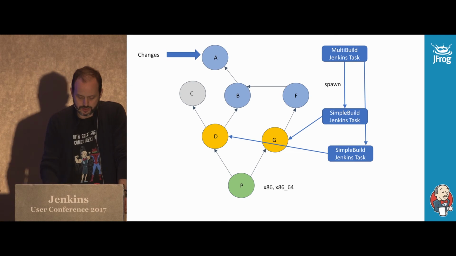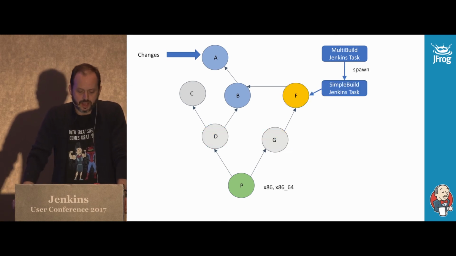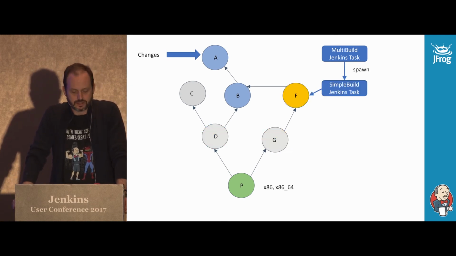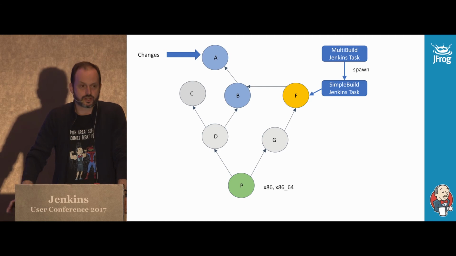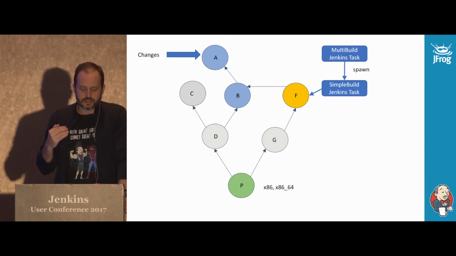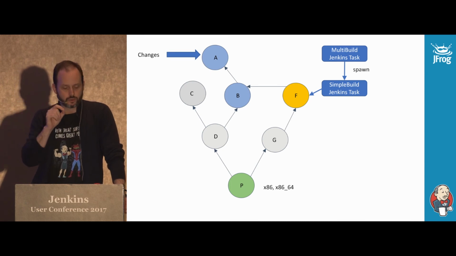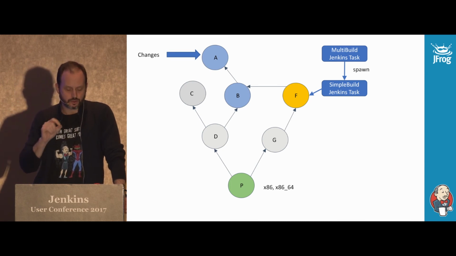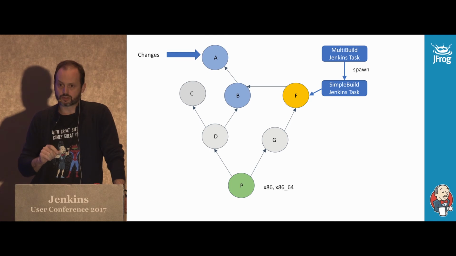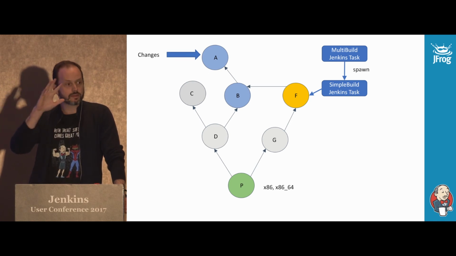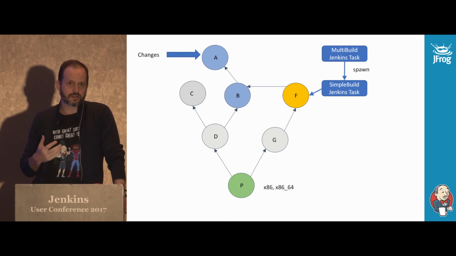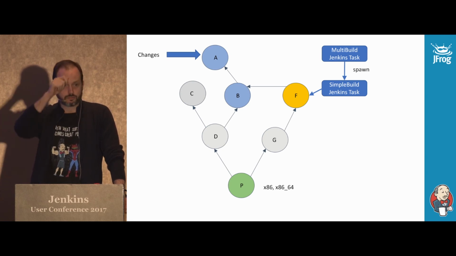Actually, you can do it. In this step here, I could have fired the build of F and D packages in parallel. The rationale we are using here is that the longest path from the changes to the final project or product that is consuming and defining the whole dependency tree has the largest likelihood of failing, because it has more dependencies.